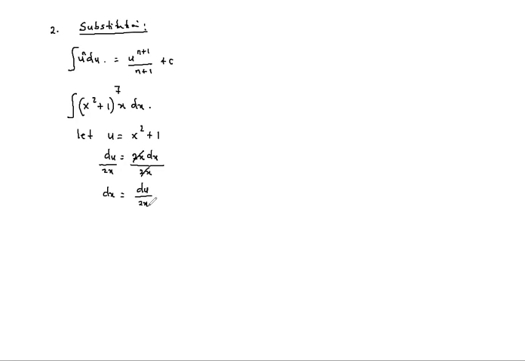So now I go back there and say this is u to the power 7, and x dx will be x, dx is du over 2x. So that x and this x will cancel and remain with u^7 times 1 over 2 du. So that I have 1 over 2 times u^8 over 8 plus c.